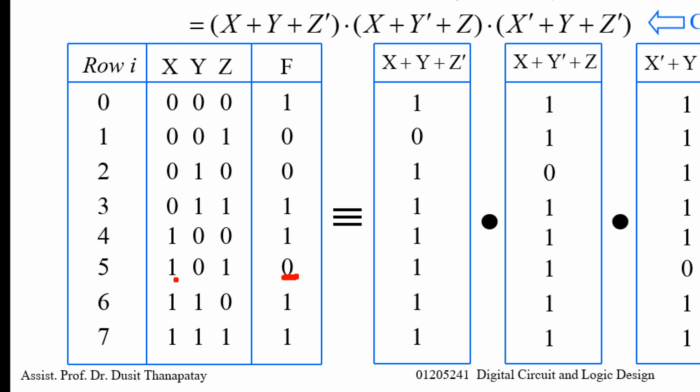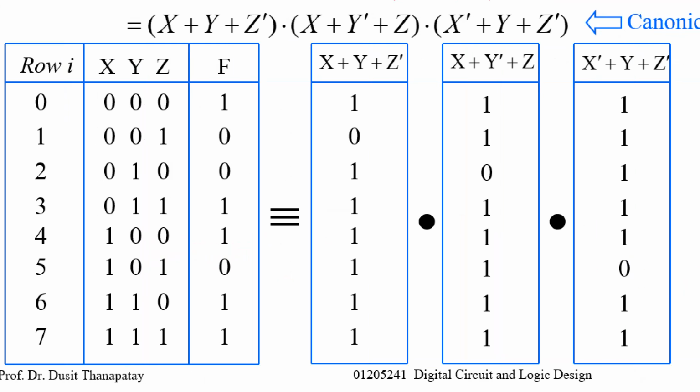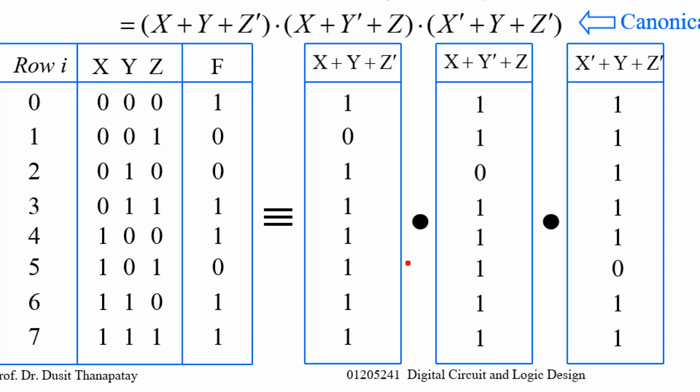For this, x is 1, y is 0, z is 1. So the maxterm is x prime plus y plus z prime. After that, you just AND all of these maxterms together.